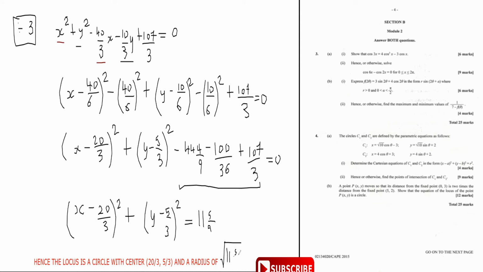Whatever that is, that's the radius. Hence the locus is a circle. Nice and easy. This takes care of question 2, and so this takes care of module 2. Let's go to module 3.